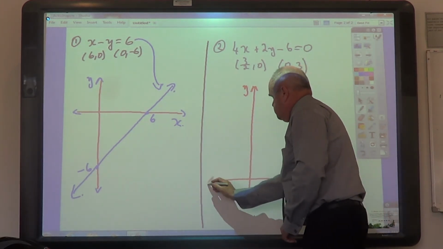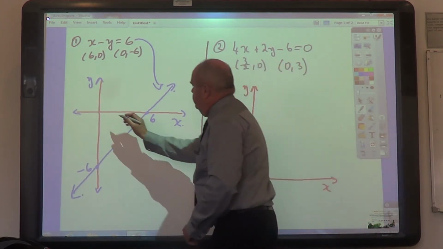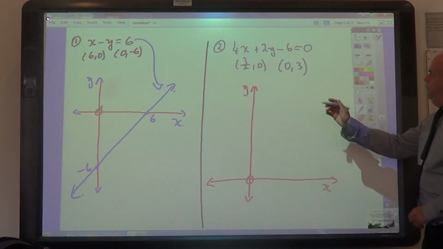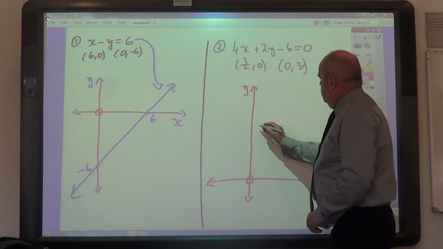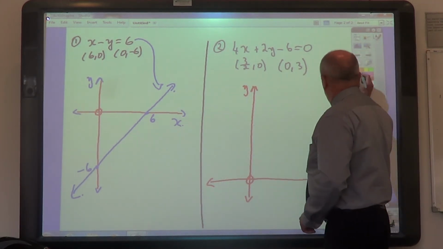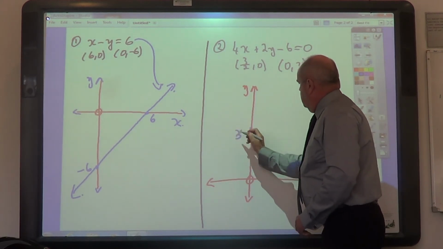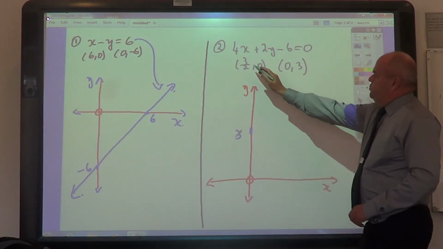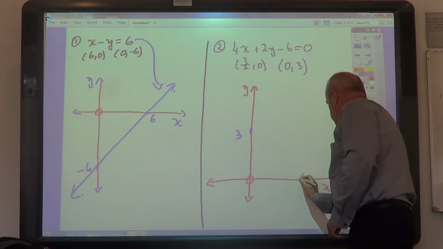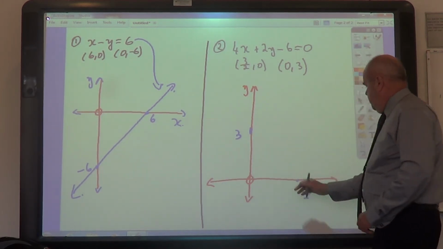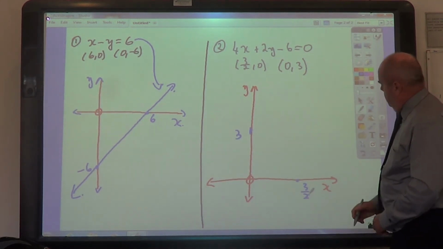I should label the origin, and it really is this simple, guys. The y-intercept's 3, so a randomish point there, perhaps, oops, that's a bit large, and a randomish point for my 3 on 2, on the x-axis, of course, is what I meant there.